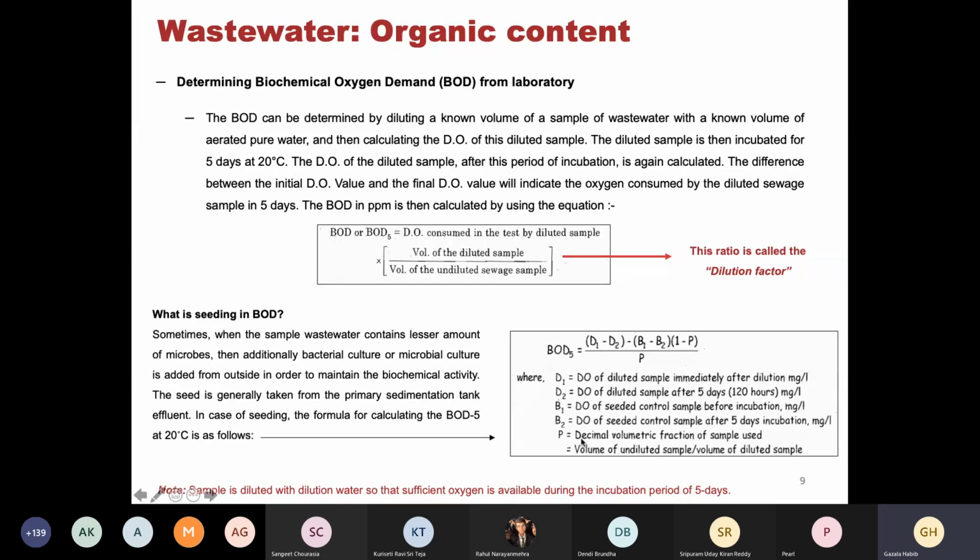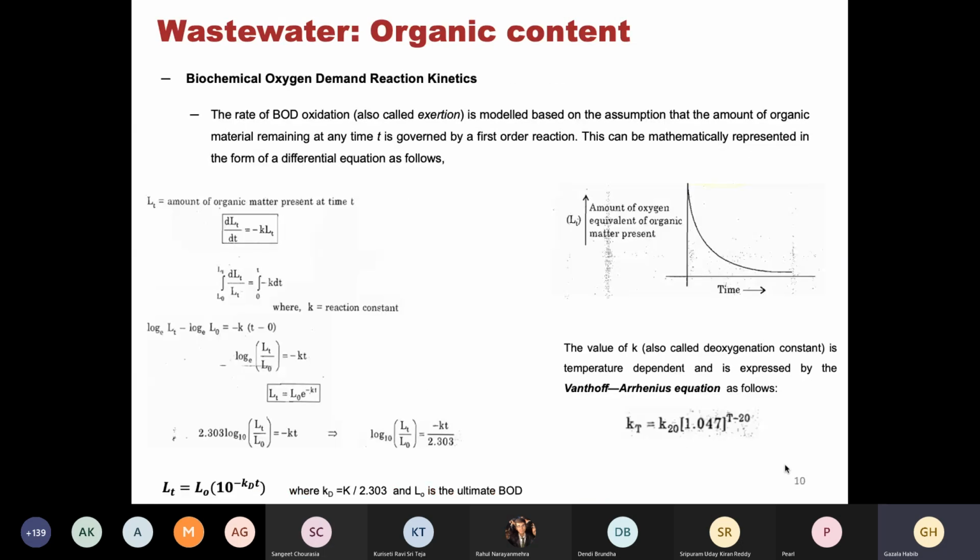And P is the decimal volumetric fraction of the sample used, which is the volume of undiluted sample divided by the volume of diluted sample. This is how we can calculate the BOD5 of a sample if we are using seeding.